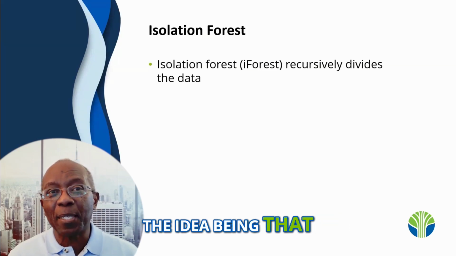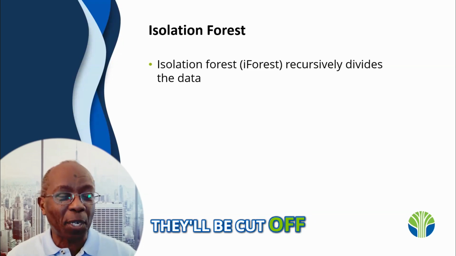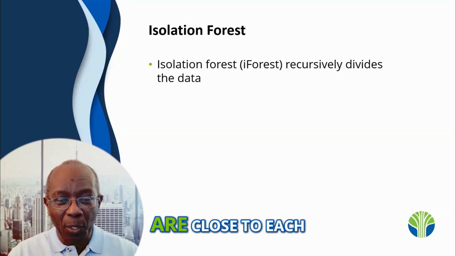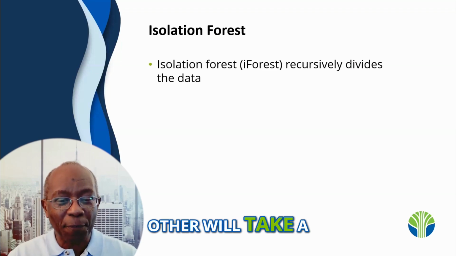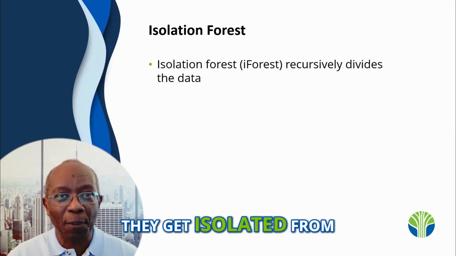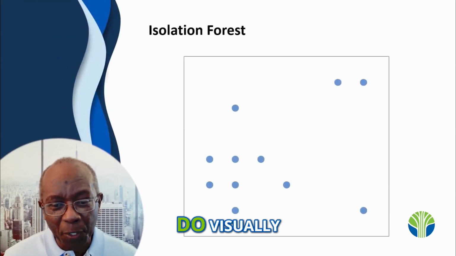The idea being that the points which are way out there on their own, they'll be cut off very quickly because there's nobody close to them. And the points which are close to each other will take a few more rounds before they get isolated from everybody else.